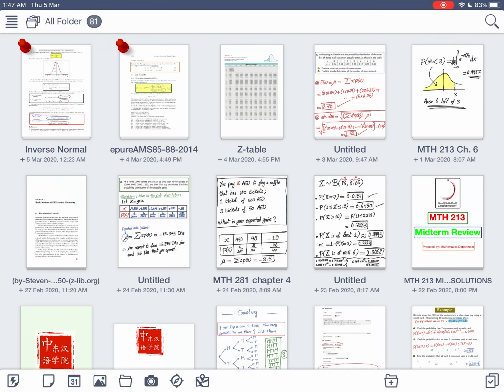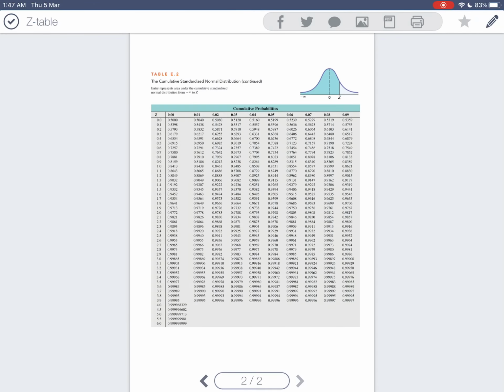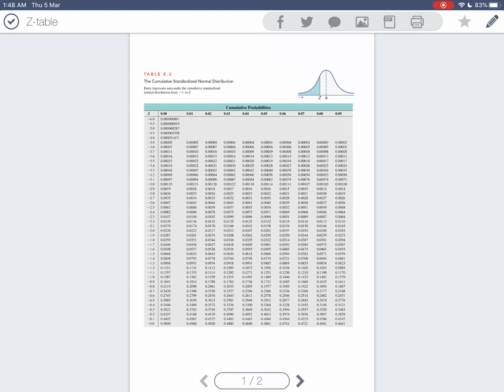Okay, I hope that this video helped you somehow understand that this whole Z table can be replaced by a simple calculator up to the 4th digit for area.